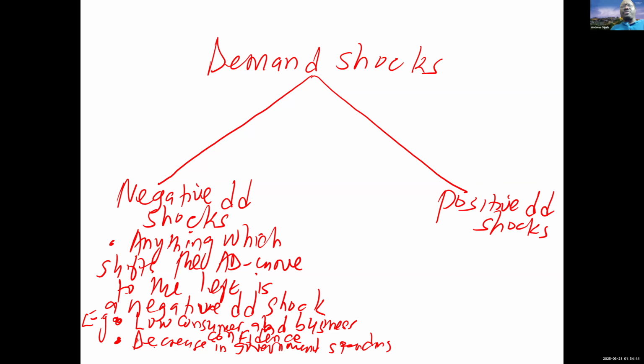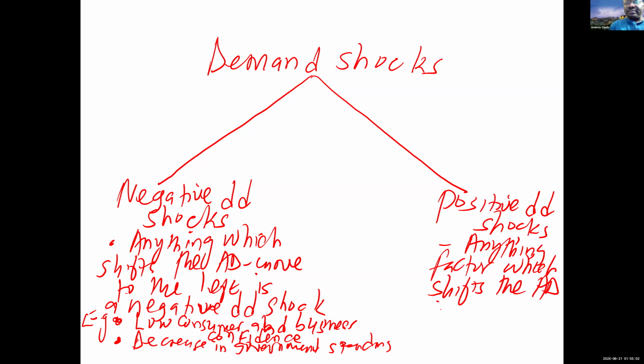Yeah, so you can review those factors we talked about already anyway. And then on the other hand, any factor which shifts the AD curve to the right is going to be interpreted as what? As a positive demand shock, which is exactly the opposite of a negative demand shock.